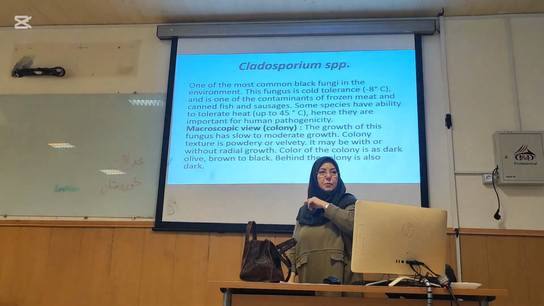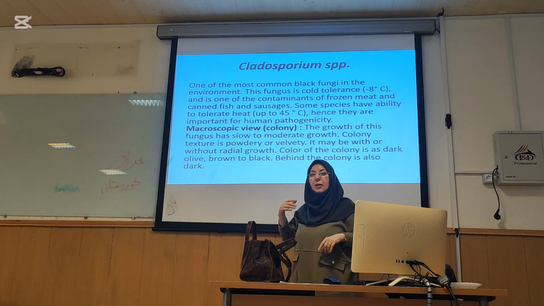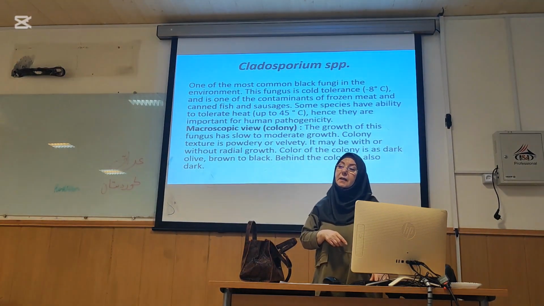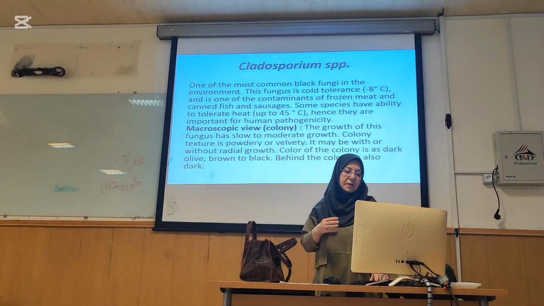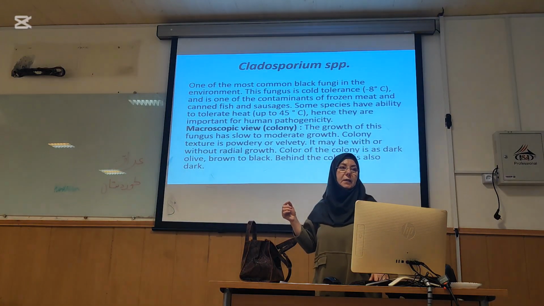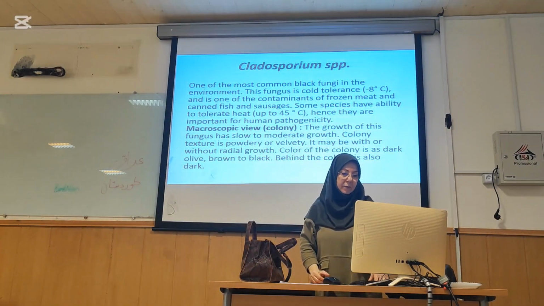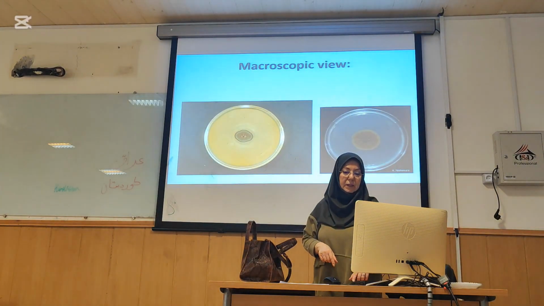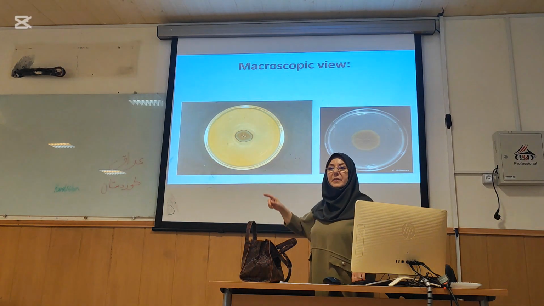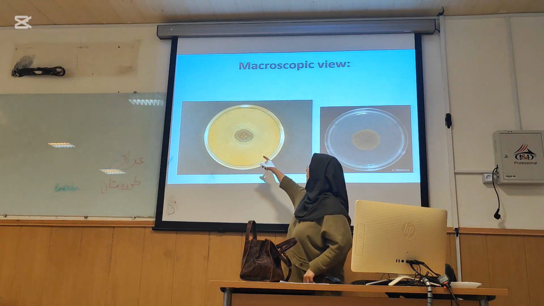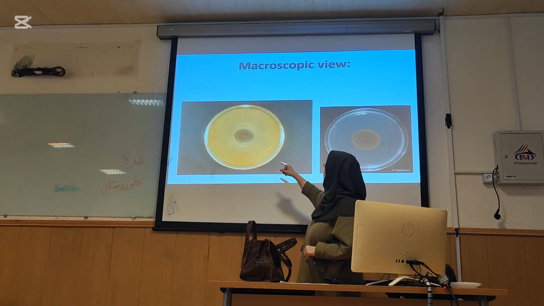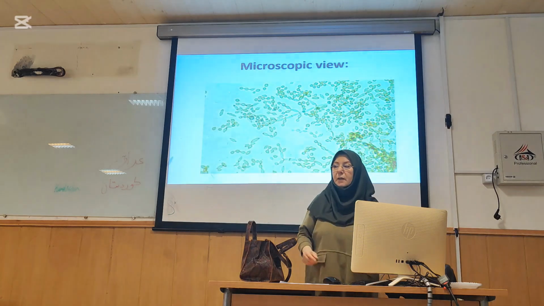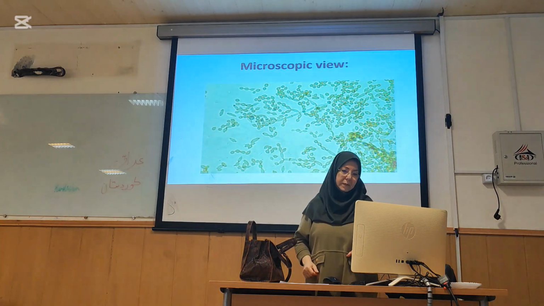Cladosporium is another dark fungus. This fungus has very slow growth in the culture medium, and because of the melanin in the cell wall, it is also seen as a dark colony. At first it is olive color and gradually changes into brown or black.